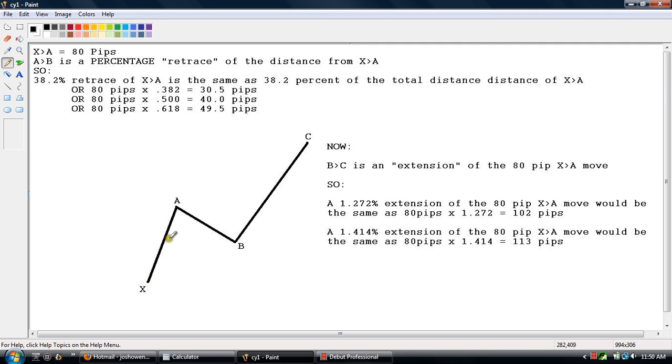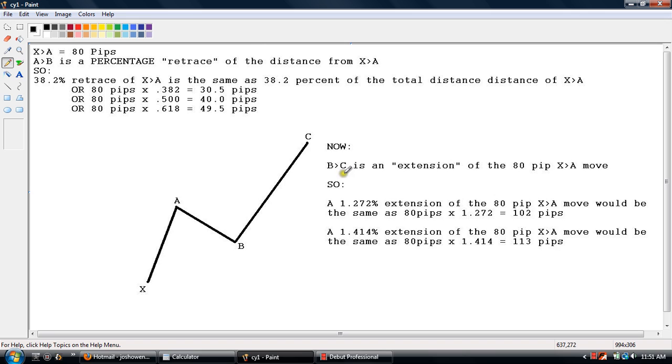Now, after you've got the X to A to B, and price moves back above the A here and continues on up towards the C, then you're looking at your expansion targets and your extension targets. And the rules here are the distance from B to C is an extension of the 80 pip X to A move.